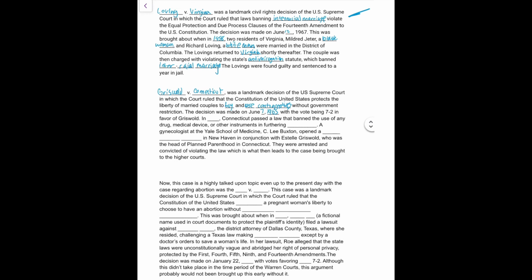In 1879, Connecticut passed a law that banned the use of any drug, medical device, or any other instruments furthering contraception.